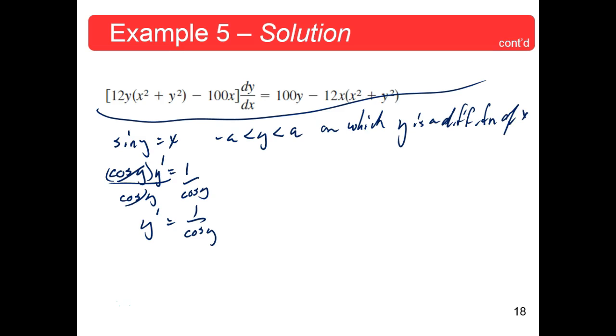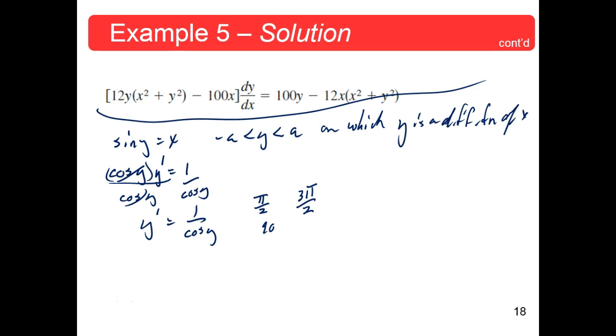And what would they be equivalent? Pi over 2, and then 3 pi over 2. Okay. Those would be two values for y for which you can't have that in the denominator.